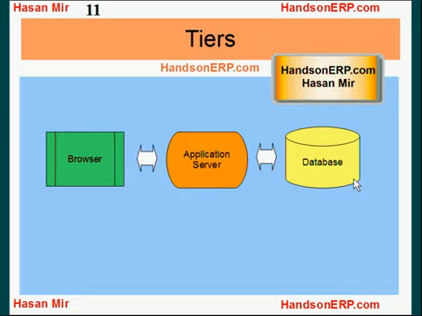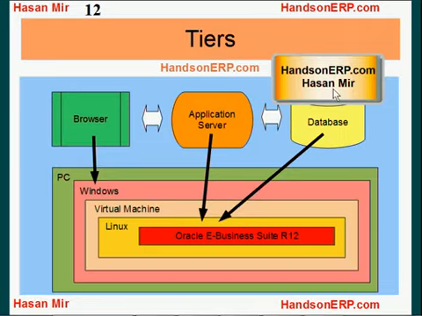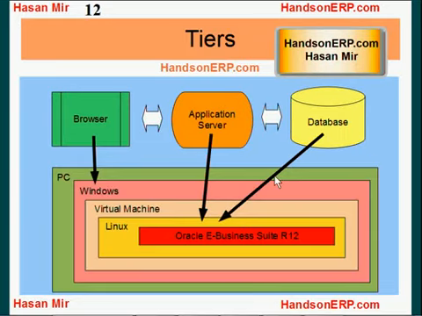Okay, but for our installation, we are not going to create 2 different machines for application server and database server. If you like, you can do that. Once you have virtual machine software installed, you can create 2 different machines, one for application server and one for database server. But we are going to keep it simple because we are installing Oracle for learning purposes, and we don't want to experiment too much on that technical end.